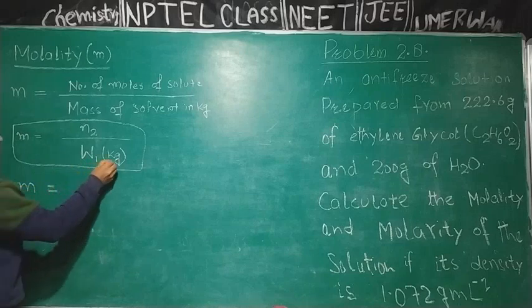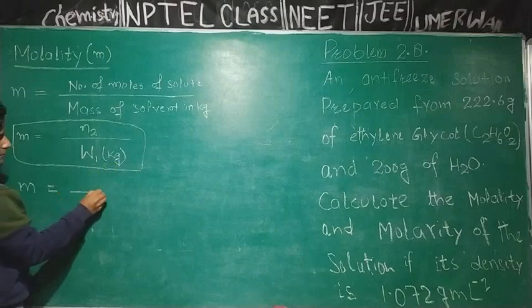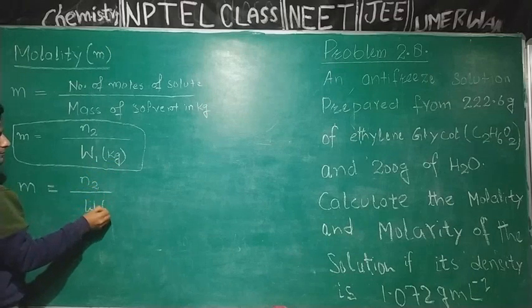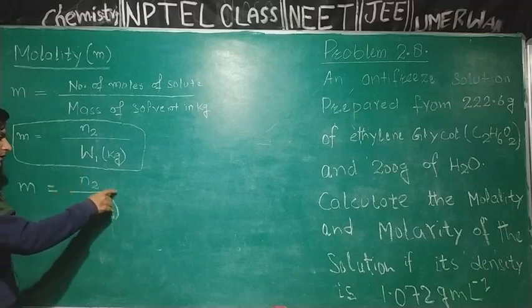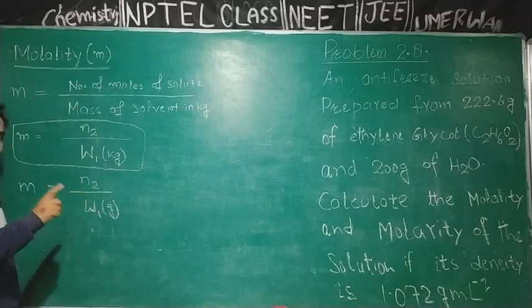Now if I may express weight of solvent instead of kg in grams, then I will write N2 divided by W1 expressed in grams. But this ratio on RHS side is the number of moles of solute present in 1 gram of solvent.